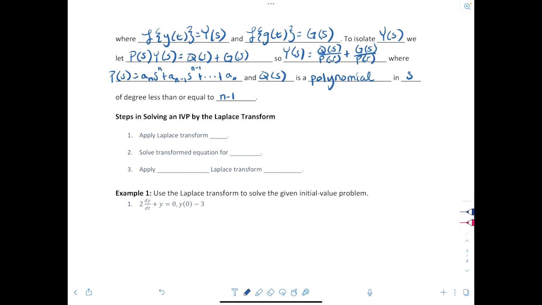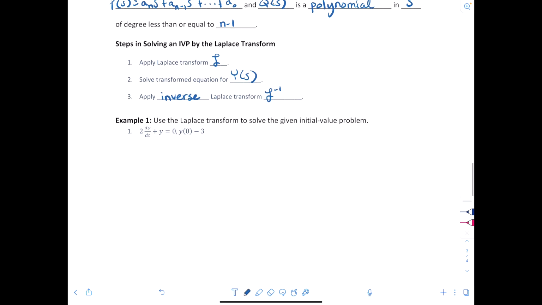So steps. You apply the Laplace transform, L. You solve the transformed equation for capital Y at s, and then you apply the inverse Laplace transformation, L inverse, to solve for your y at t.